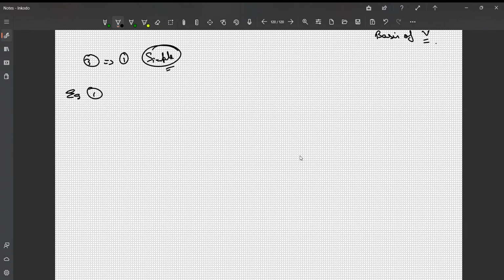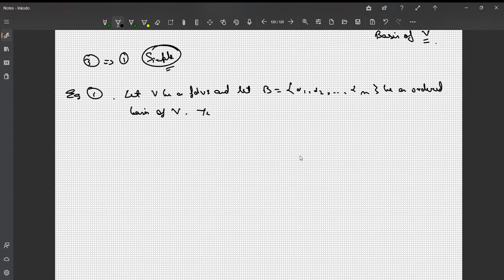Example number 1: let V be a finite dimensional vector space, and let alpha 1, alpha 2 till say alpha n be an ordered basis of V. Then V is the direct sum of W1 plus W2 and so on till Wn, where each Wi is the span of the corresponding vector from the basis, that is alpha i.